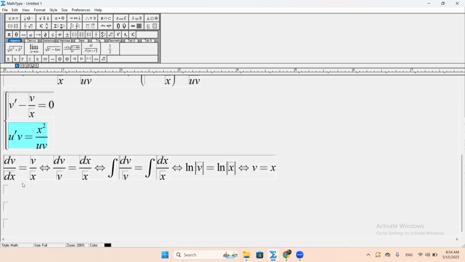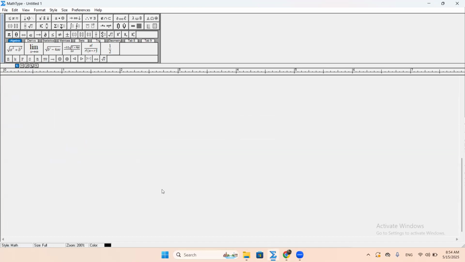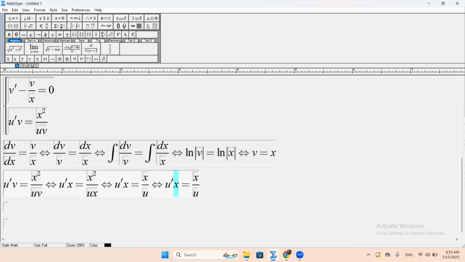So we found v, and now let's solve this equation to find u. Substitute the v that we received, so x here and x here as well. Now we will simplify this equation a little before integrating. Here just x, and now what I will receive: u prime x equals 1 over u. Now let's separate variables.